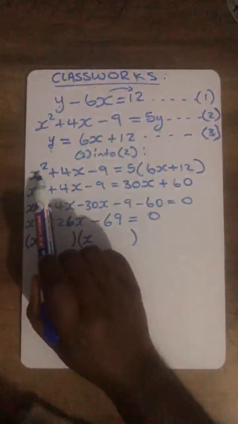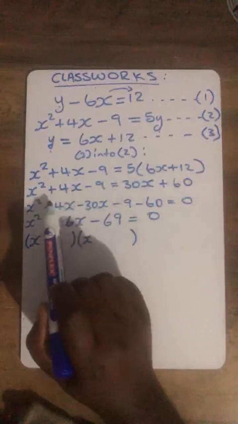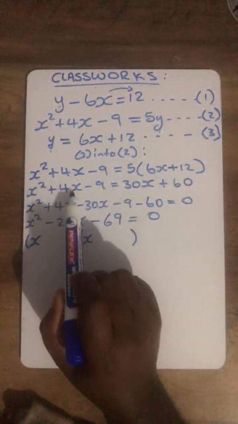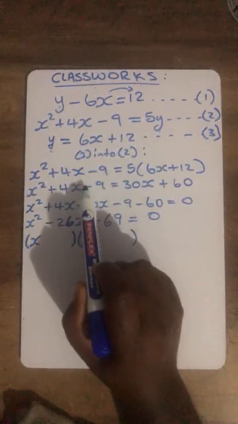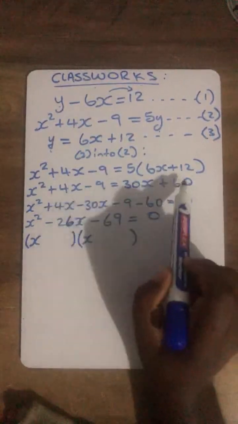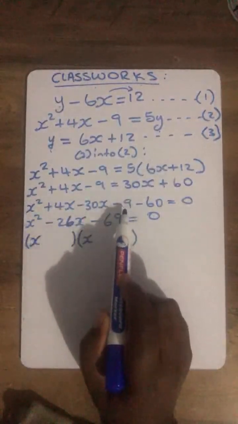I have x squared, I have 4x minus 9, and this is okay. And then now I have x squared still plus 9 and then negative 9 there. If you take this to the other side, it makes it negative that, and then that. Then this is negative 26, this is negative 69.